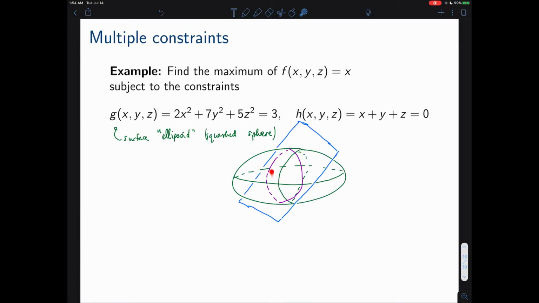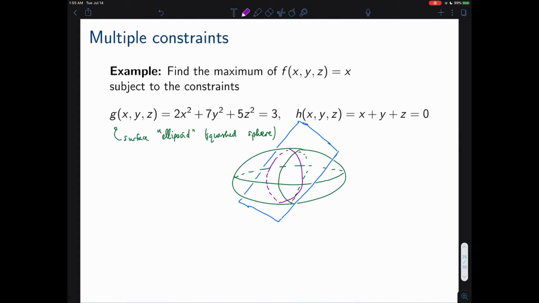It's not drawn very well, but that's the idea. So on this curve, we want to maximize the value of x. So we want to move as far as possible in the x direction on this curve here.